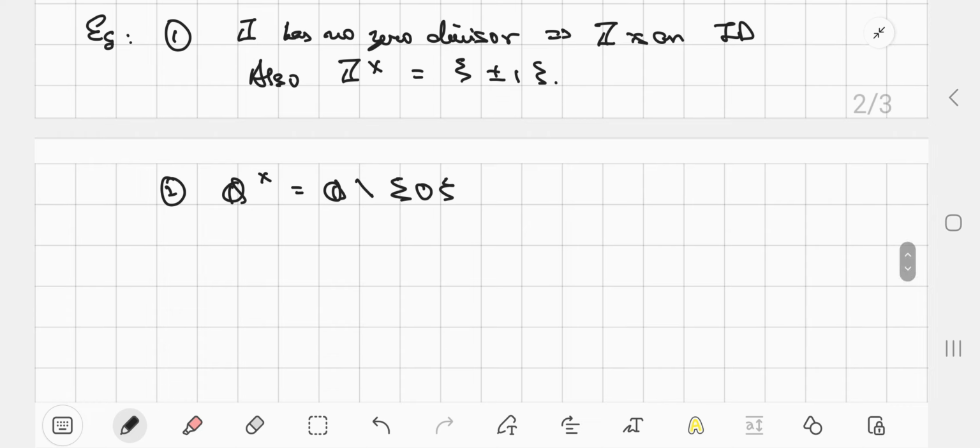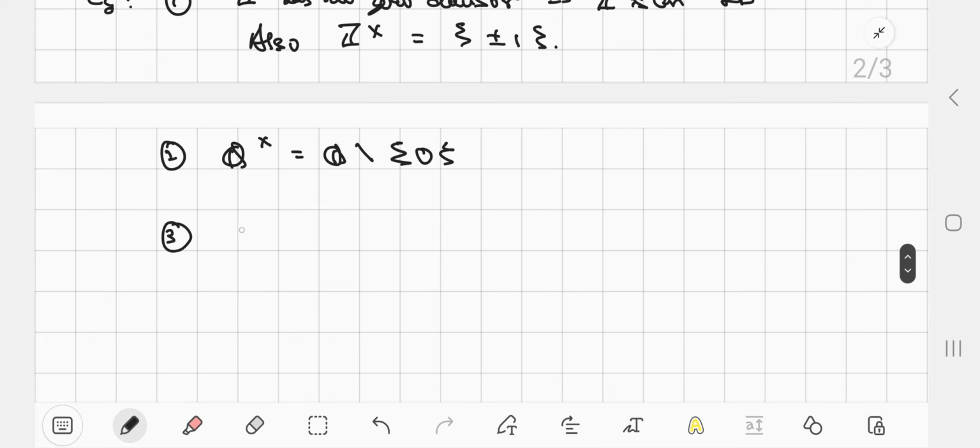Okay. Next, let us talk about Zn. Let us go by a very simple example. Let us talk about Z6. So Z6 contains the elements 0, 1, 2, 3, 4 and 5. We are considering it to be a ring, right?